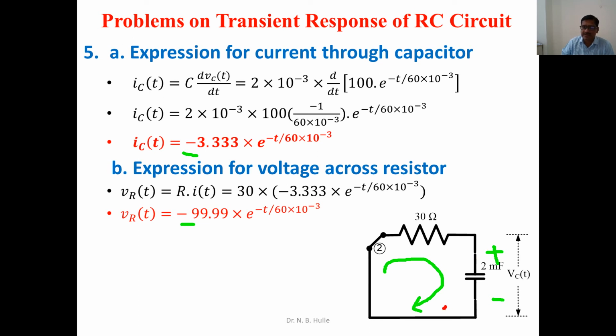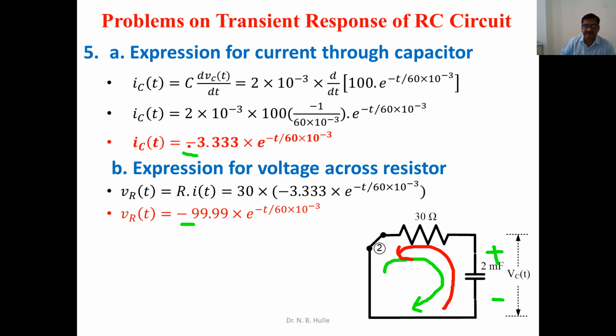The current flows in the opposite direction, because this side acts as the positive terminal and this as the negative terminal of the battery. This current direction is the reverse of the original direction.